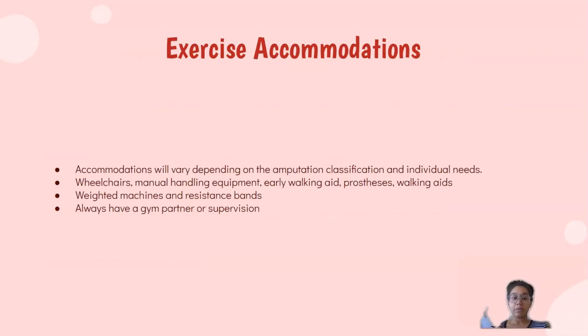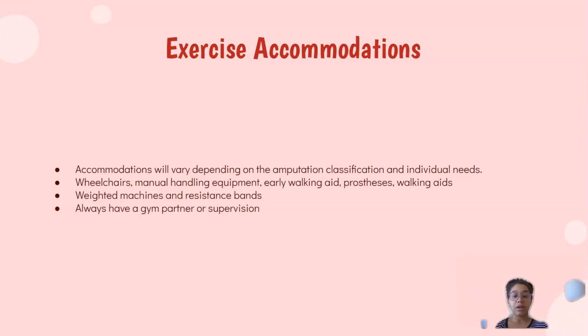So exercise accommodations vary depending on the amputation classification and the individual's needs. So someone with more amputation might need more accommodations. These include wheelchairs, manual handling equipment, which includes transfer board, transfer sheet, stretcher, standing hoist, and a transfer belt.